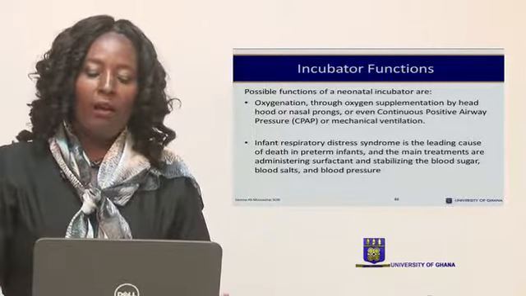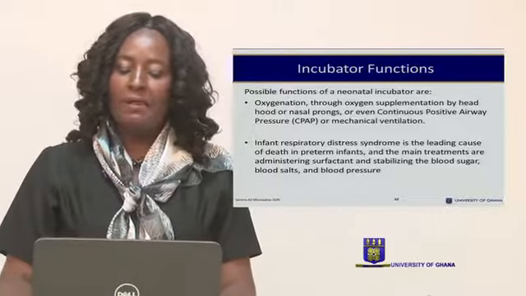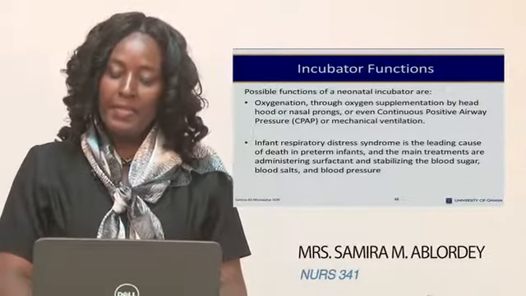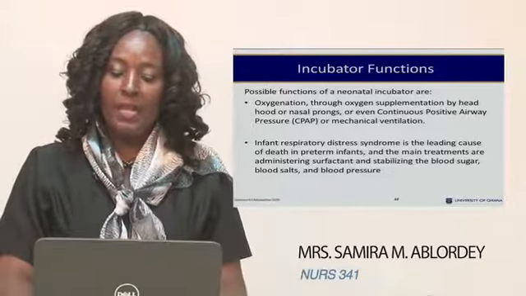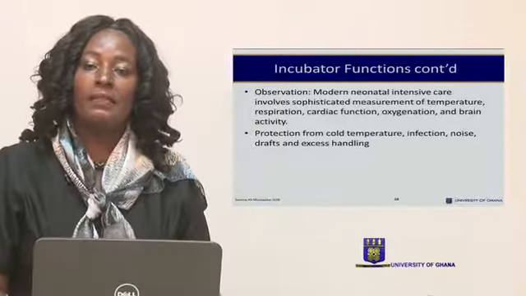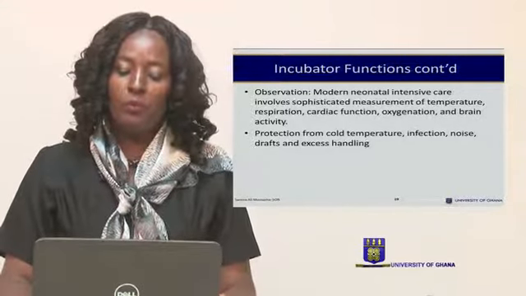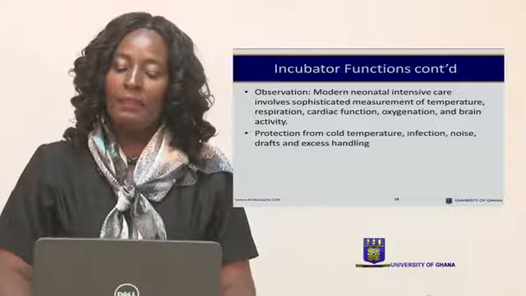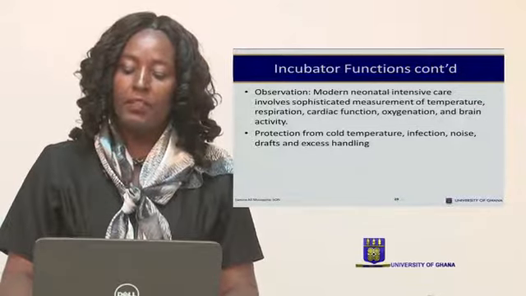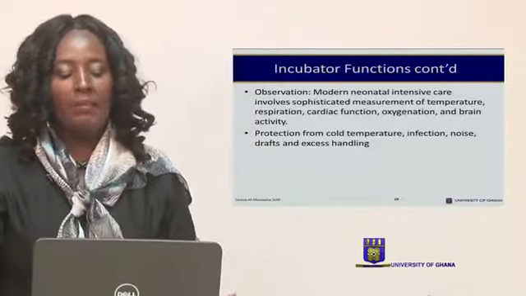There is also respiratory distress, which is a leading cause of death in preterm infants. It allows us to administer some surfactants and also ensure that we monitor the preterm or the ill infant continuously throughout our care. And it also allows us to be able to observe, because we've said earlier on that the plastic of the bassinet is transparent, and so we are able to view, and it also has some thermoregulation, so we are able to adjust the temperature in the incubator that will support the respiration, cardiac function, and oxygenation and brain activity.